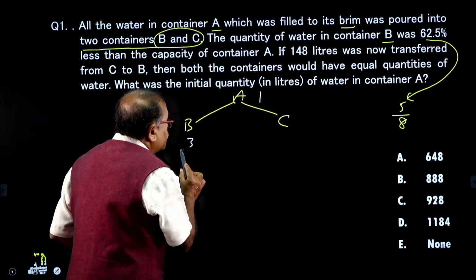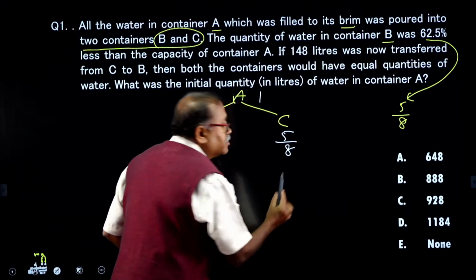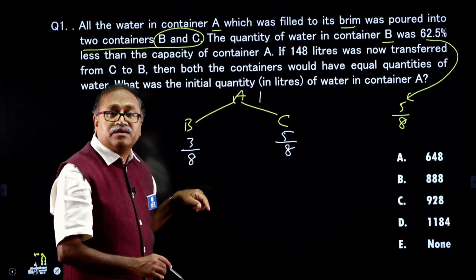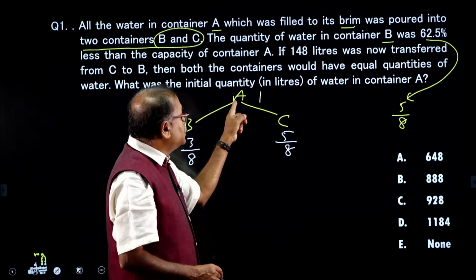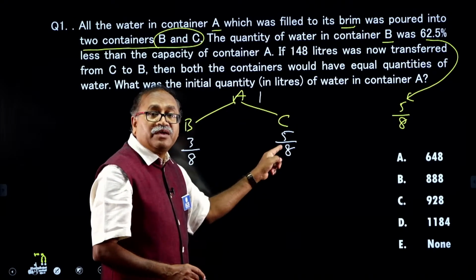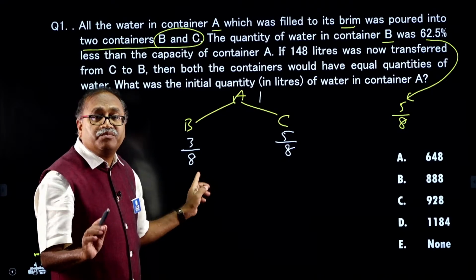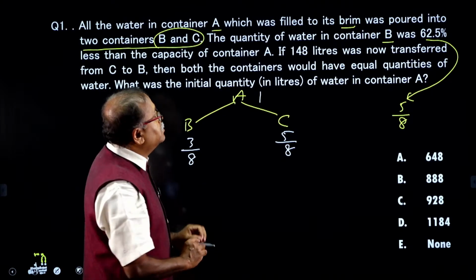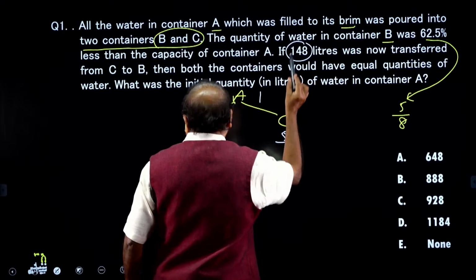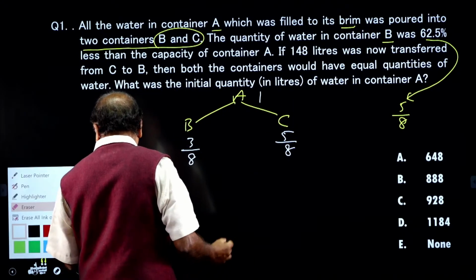That means this is 3 by 8 and this should be 5 by 8, because the container A is poured in B and C, and if B is 5 by 8 less than A, that means 5 by 8 goes to C and the remaining 3 by 8 comes to B. This is the relation. Now, let me change the color of the pen.